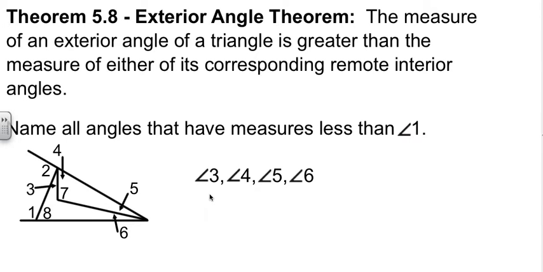So 1 is for certain bigger than 3, 4, 5, and 6. It looks to be greater than angle 8, but again, don't trust your lying eyes. Just because it looks obtuse and that looks acute doesn't mean anything. It may or may not be bigger than 2. It may or may not be bigger than 7. But we do know for certain it's bigger than 3 and 4, and also 5 and 6.